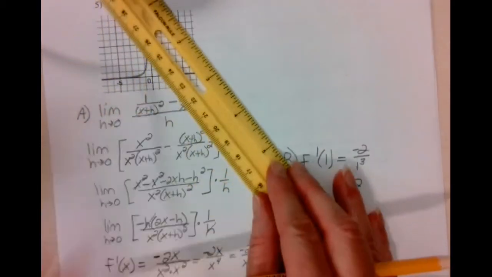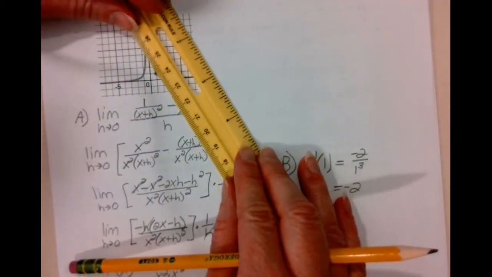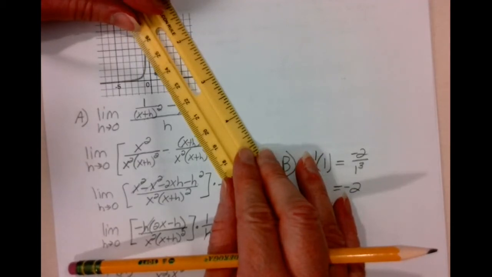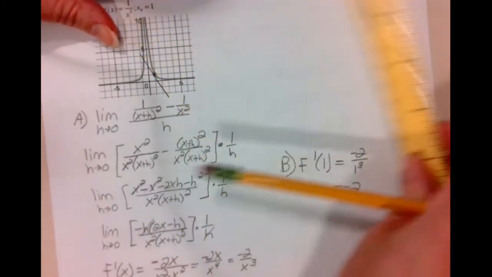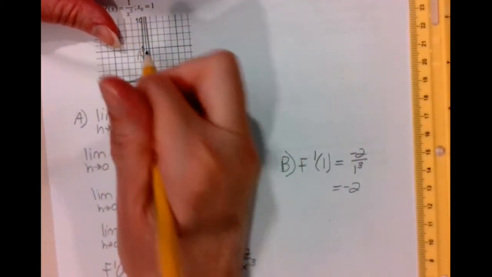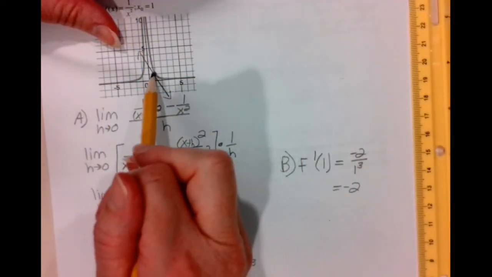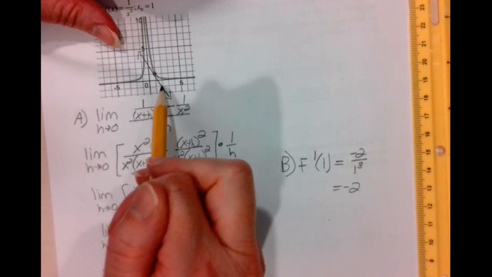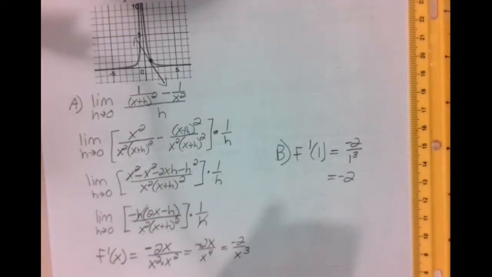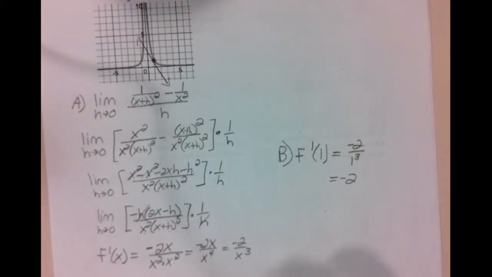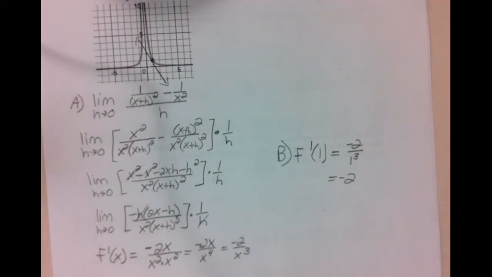And if I zoom in on modeling that slope right at that moment, I think I'm just going to graze the corner here. I'm looking to have a slope of about negative 2-ish. So if I look here, down 2 over 1, pretty much almost on negative 2. So there's my match for my slope at 1.